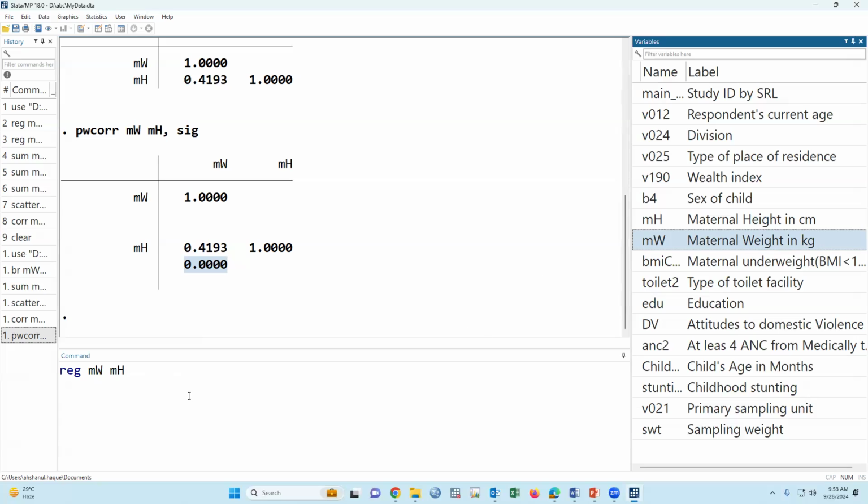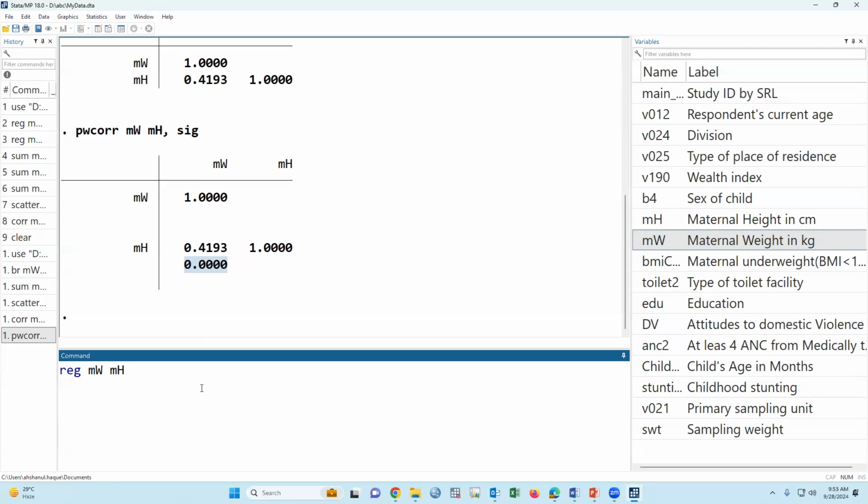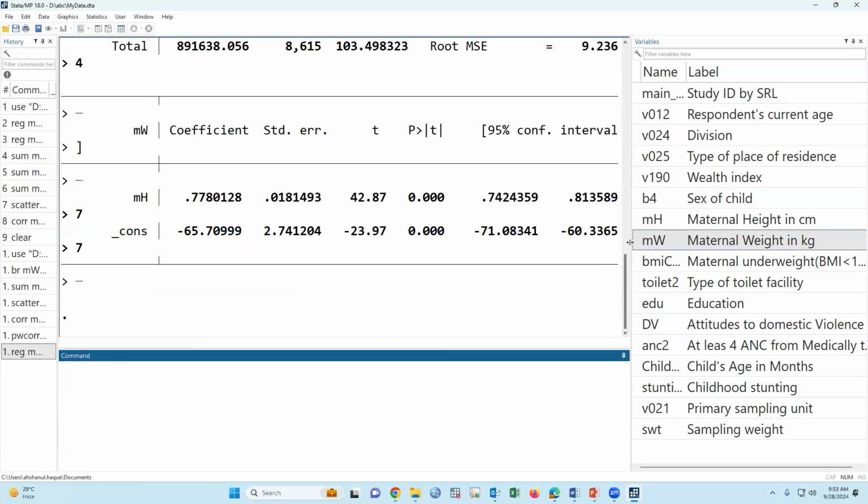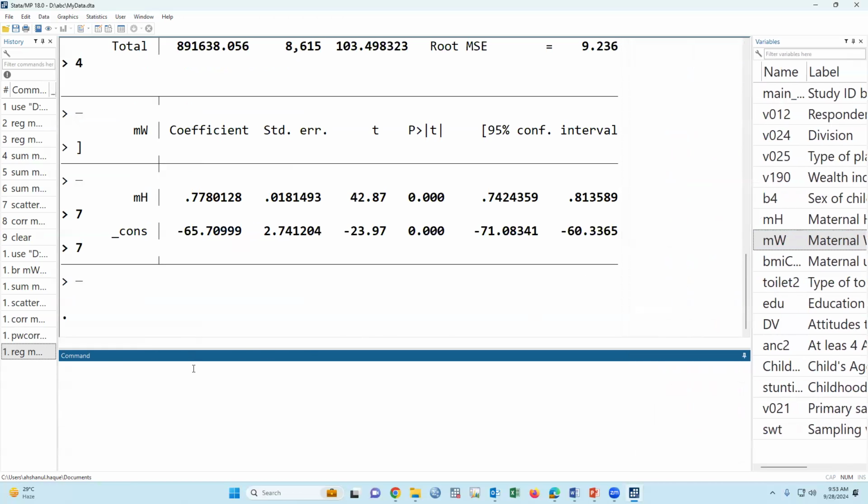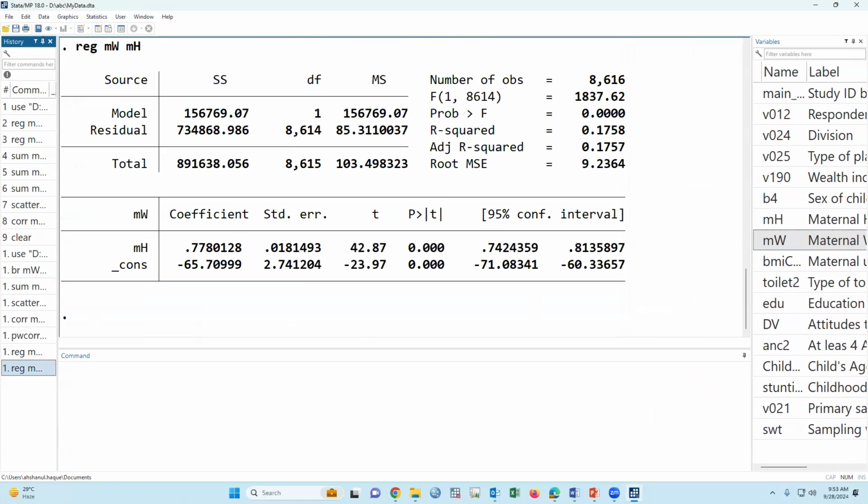But obviously, for those who are very skilled at data analysis, I suggest please use R programming, because if we use R, then we can save our time. But for a new person, those who are new in data analysis, I recommend please use STATA. This is our syntax.